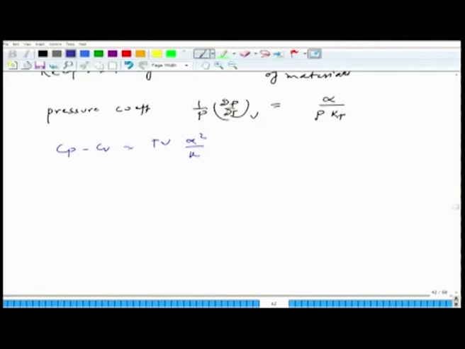Another expression which you can derive is the isentropic compressibility, the fractional change in volume of a system undergoing a reversible adiabatic compression.